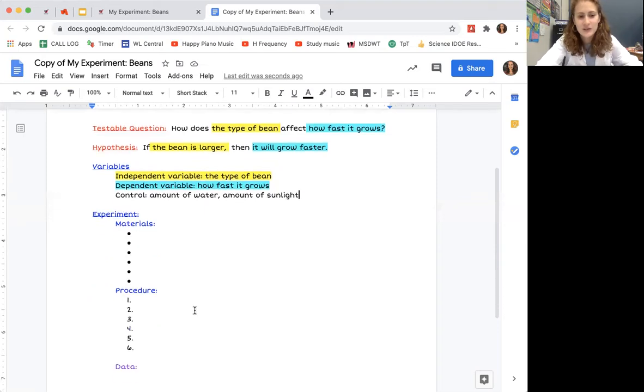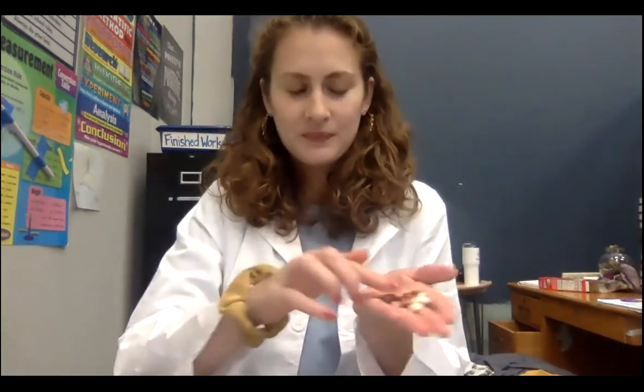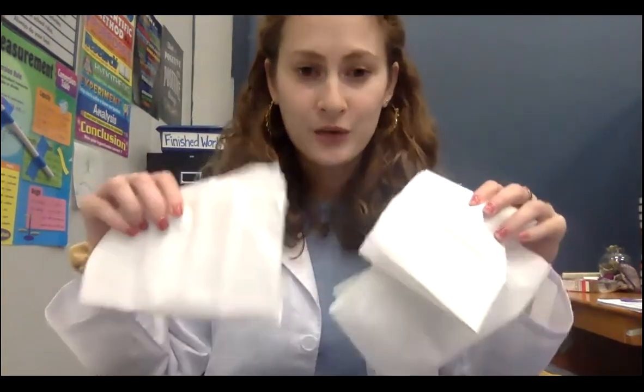Let's move on to the materials. For this experiment, I'm going to need 9 beans, a ruler, 3 paper towels, some water, 3 plastic bags, and that's it.